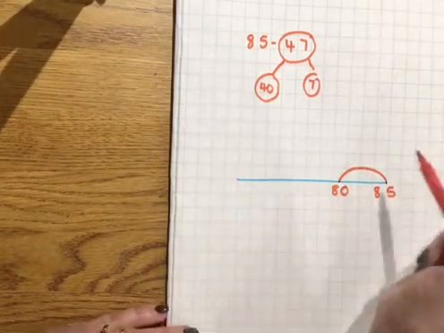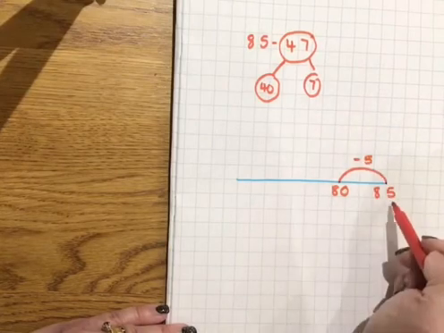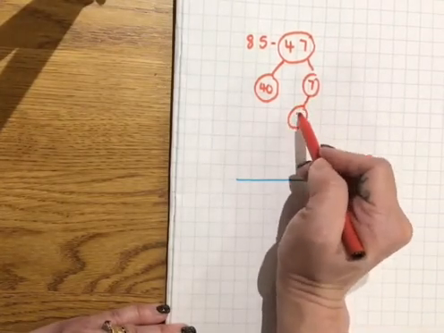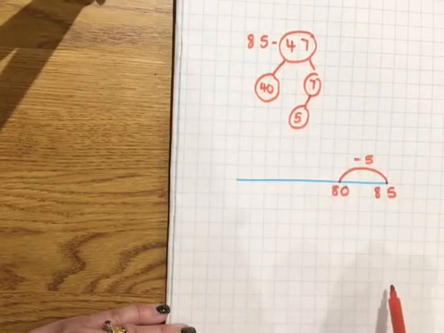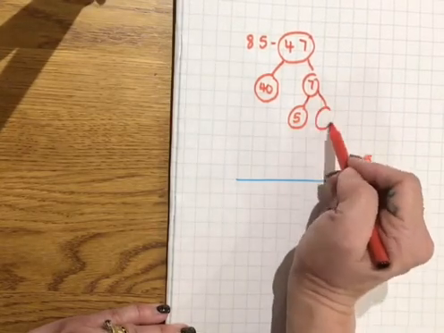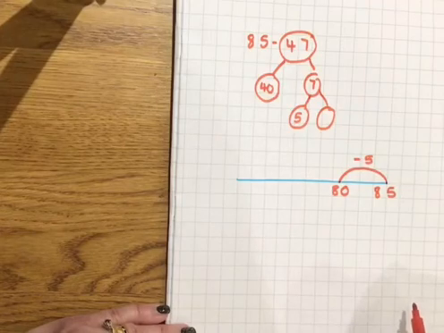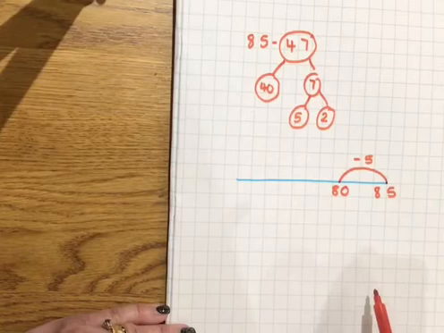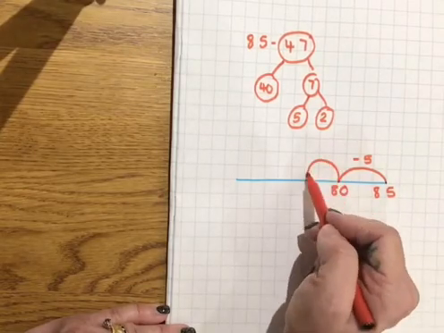Well, I need to use 5, and it's this digit that tells me. So my first jump is a jump of 5. So I've used 5 of my 7. How many of my 7 have I got left? 5 add 2 is 7, so I've got another 2 to jump back. So let's jump back 2.